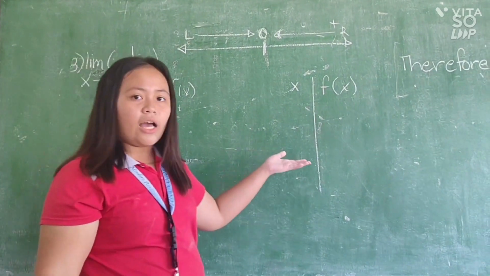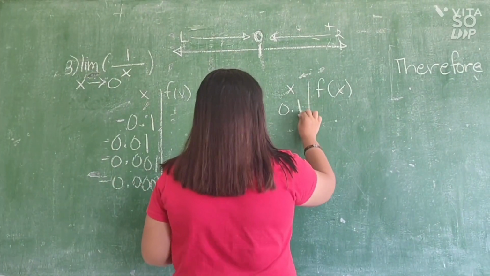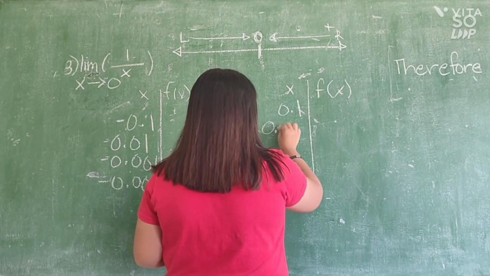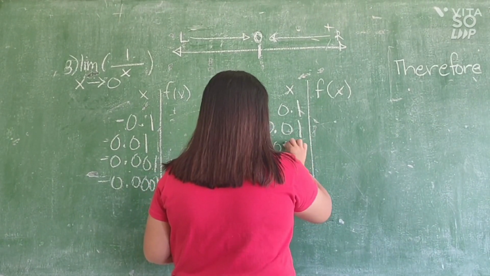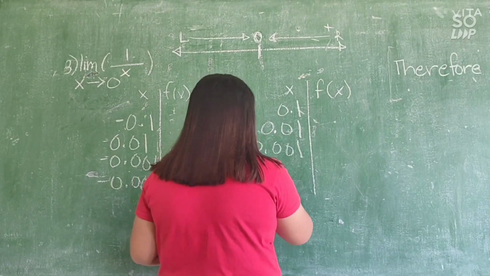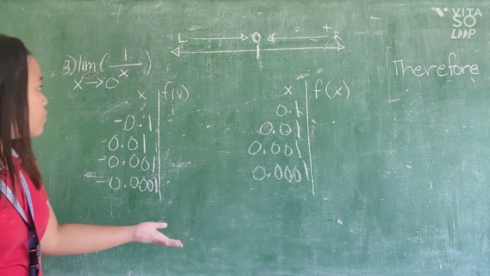And galing naman sa kanan, this is positive 0.1, positive 0.01, positive 0.001, and positive 0.0001. So this is yung mga given natin.